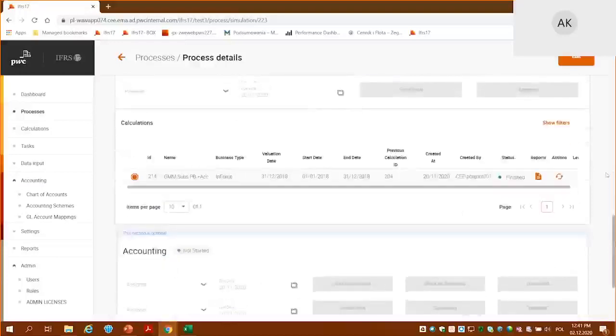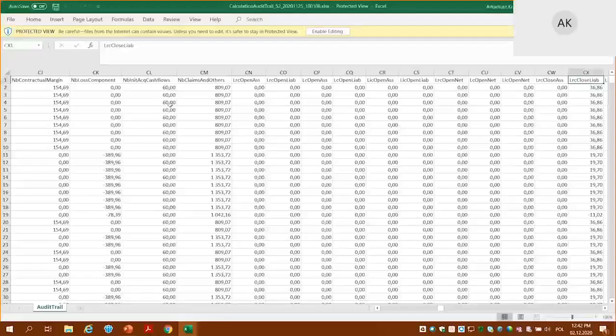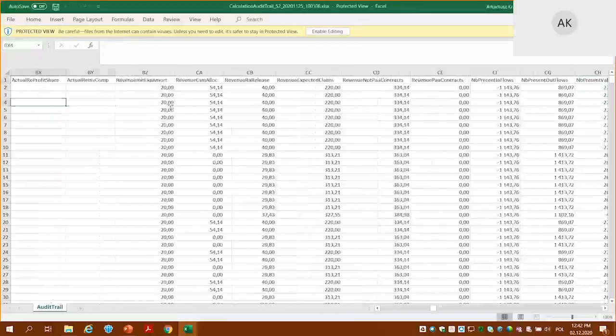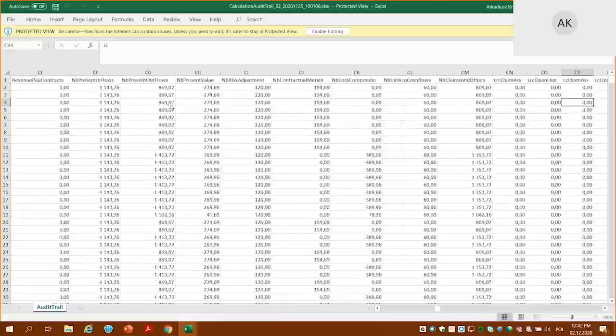An important thing is that we, as an audit firm, made a huge effort to make this calculation process and results fully auditable. So the calculation task is followed by an extensive calculation audit trail report, where you can, in Microsoft Excel, report based on the interim results.